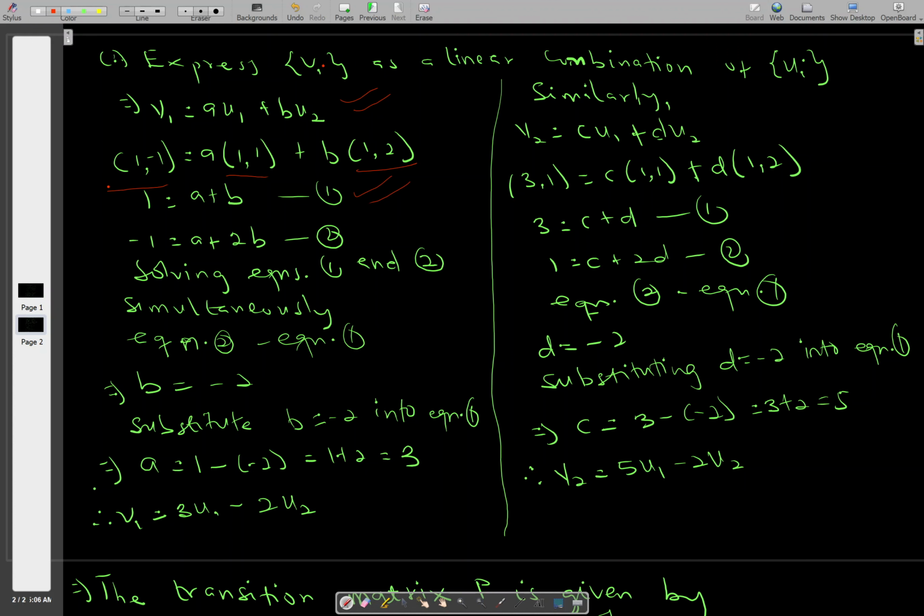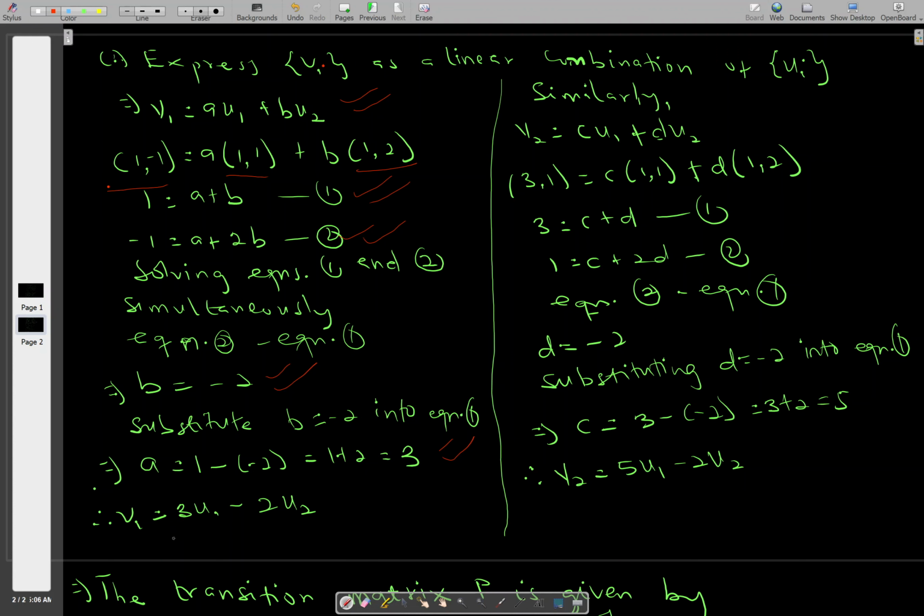Then the second element in each of the vectors: negative 1 equals A plus 2B. That is equation 2. You solve equations 1 and 2 simultaneously, and you get negative 2 for B and positive 3 for A.